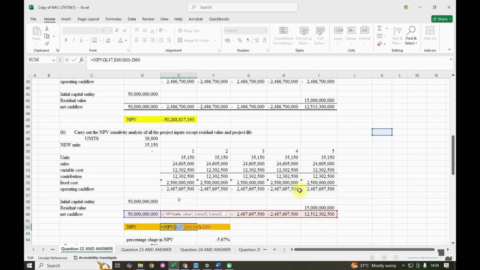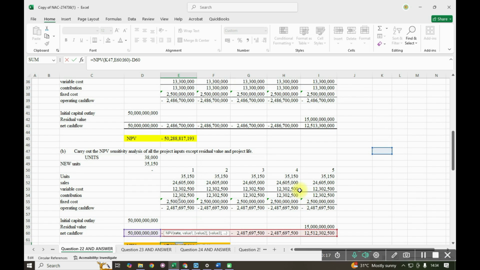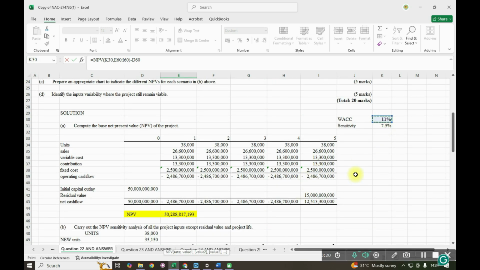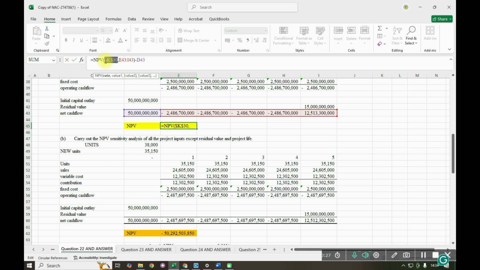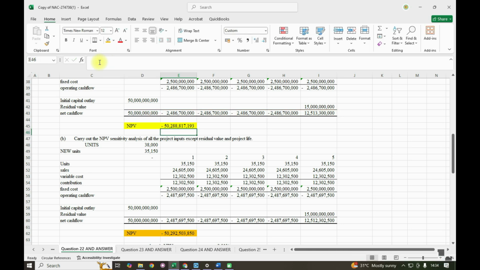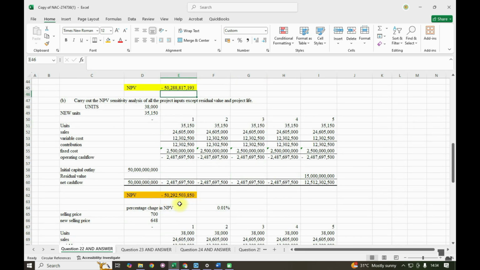So I was to lock this rate because the rate was constant. The rate was constant, so I am supposed to lock this. That rate will not change, and that's why now you are finding that it is becoming this. So percentage change, it has increased by 0.01, and you're finding that it is positive.